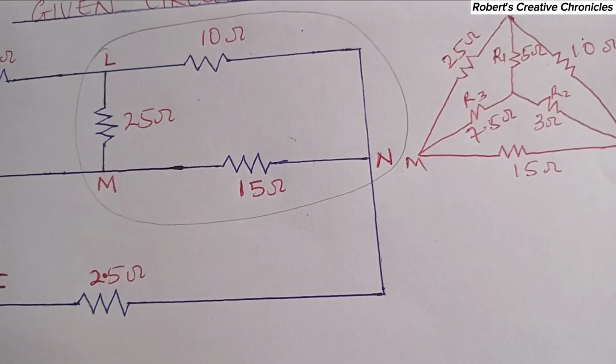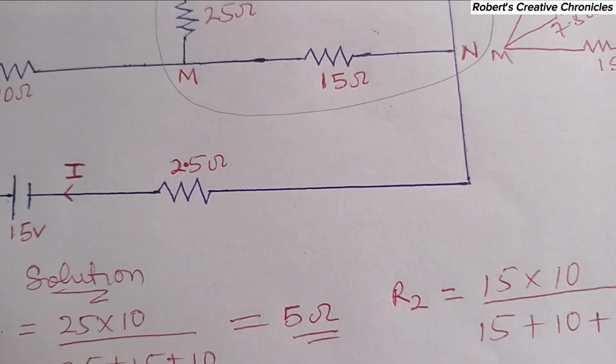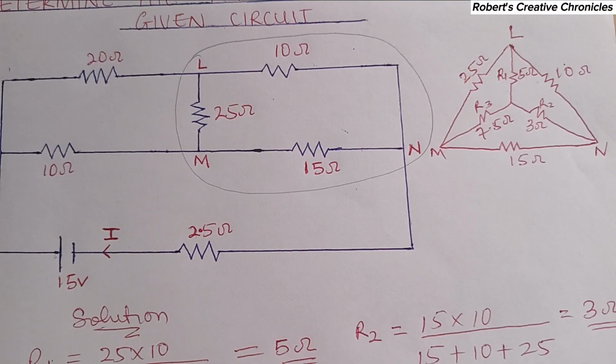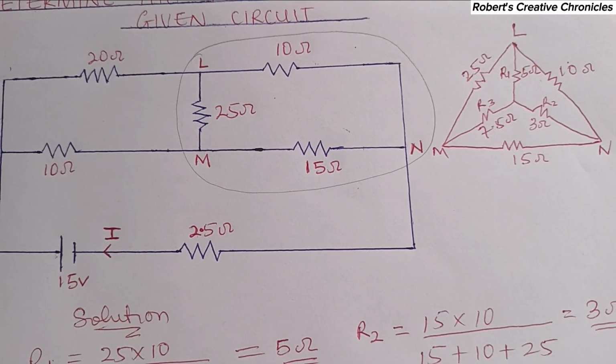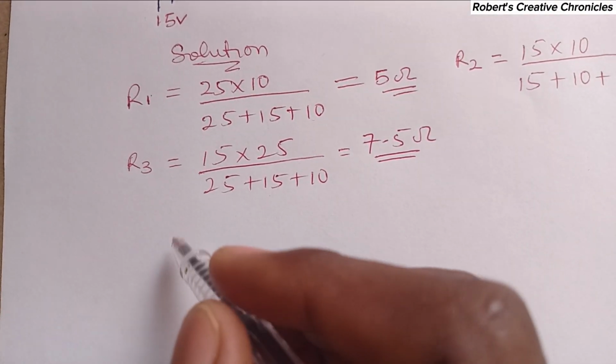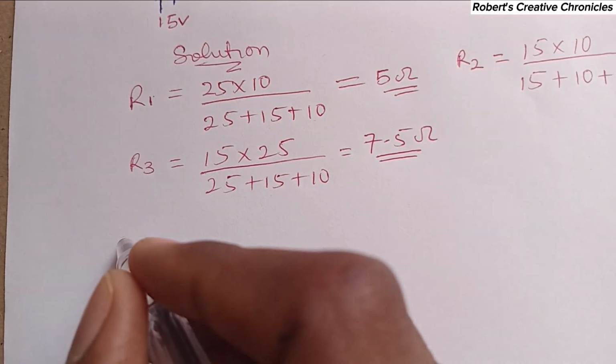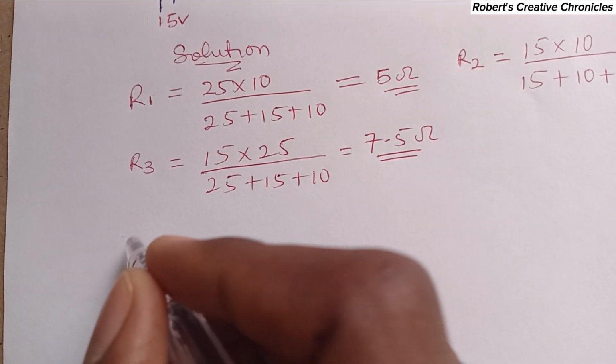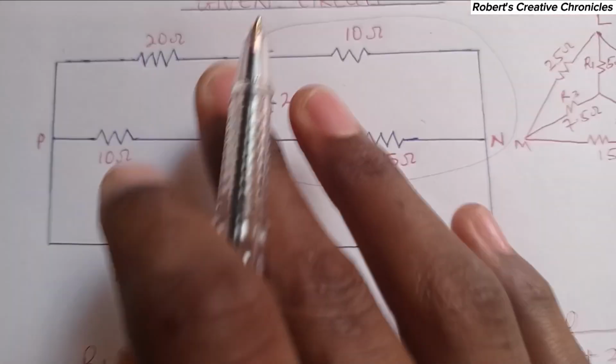Now we can go straight to find the equivalent resistance. But first, we have to redraw this circuit. Let me redraw it here. There will be 20 and 10 here.